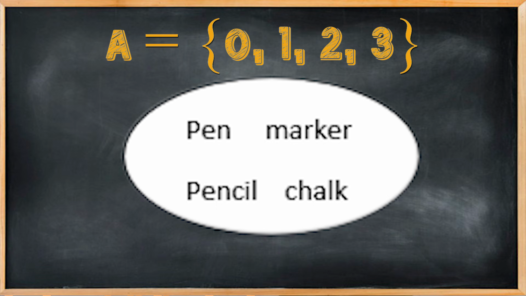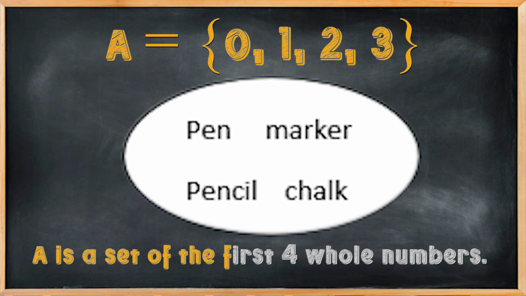If you said A is a set of the first 4 whole numbers, you are absolutely correct.